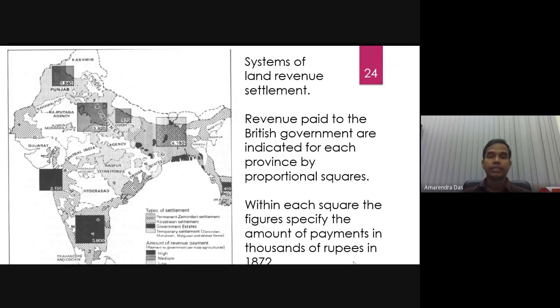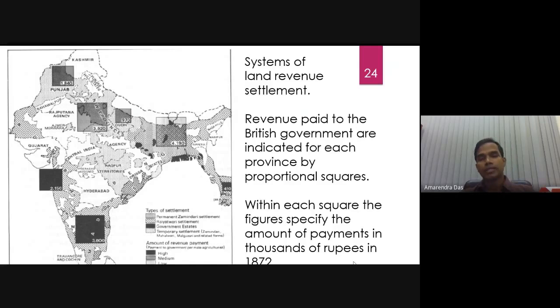And then the temporary settlement, the dotted part, basically in the central provinces of India, and some part of Banaras and the northern provinces, Punjab and all those regions, we see that the temporary settlement existed. Basically, Mahalwari and related forms, Zamindari and different forms.